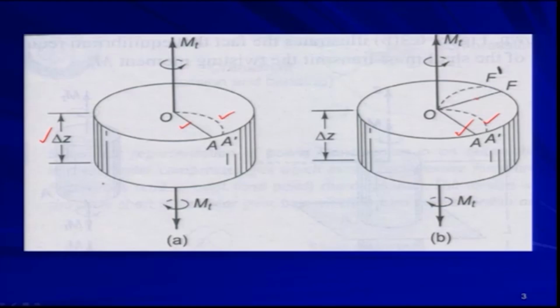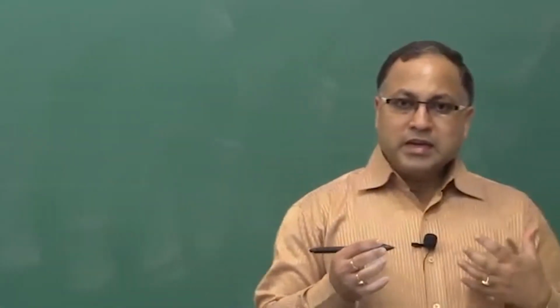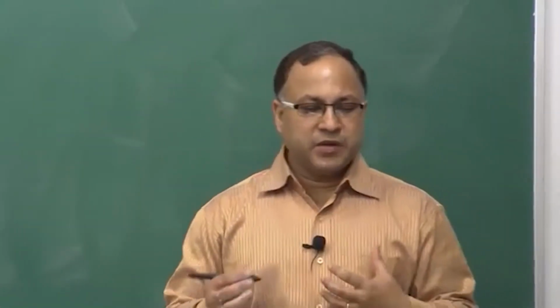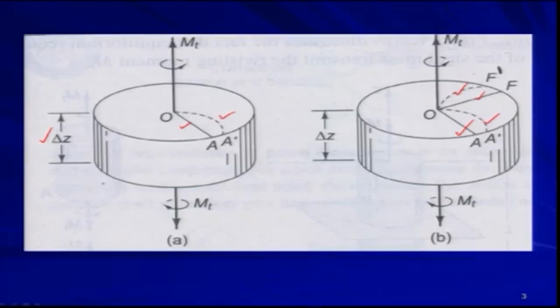So, therefore, another radius on the same plane will be taking the shape of a curve like OA prime, and so on. So, the initial straight radius is becoming curved lines after application of the twisting moment, right.